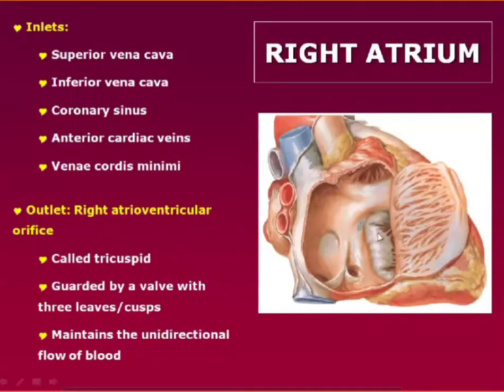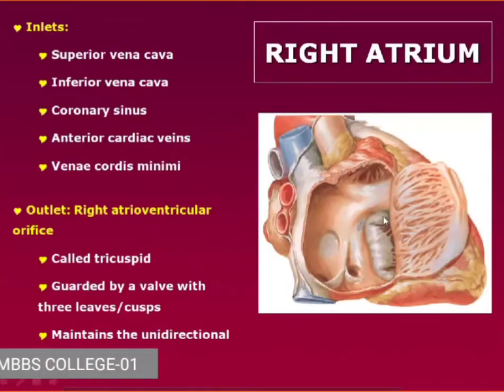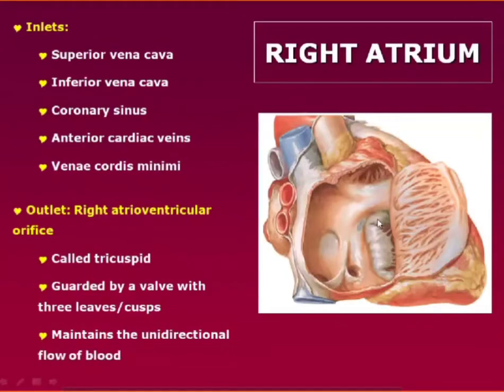The right atrioventricular orifice is present between the right atrium and the right ventricle. And what are those valves called? They are called tricuspid valves. Right? So now you know the inlets and the outlet of the right atrium.